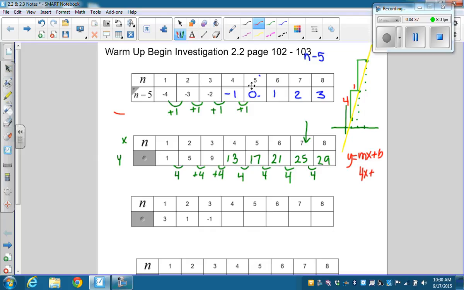To check your work, I test it with 2. 4 times 2 is what? But I need to get all the way down to 5. What do I have to do? Minus 3. What's 4 times 4? 16. If I subtract 3, does it work? Yes. So that's how I do it without the picture.